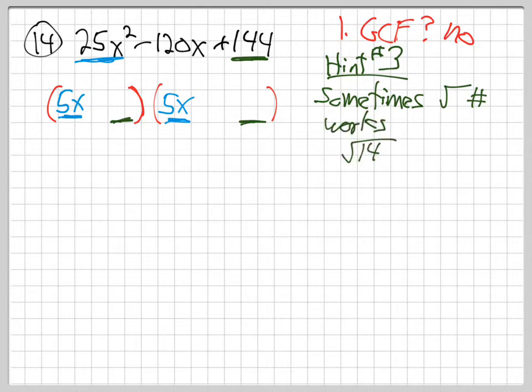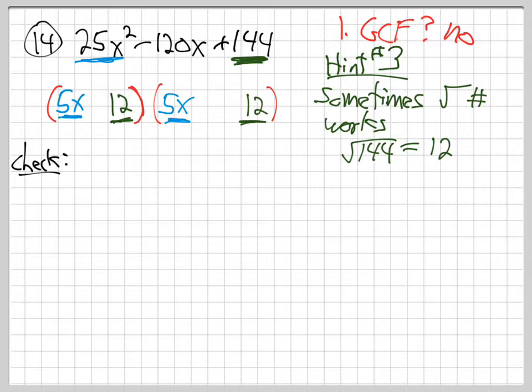So take your calculator, take the square root of 144, and you get 12. And you think, is that going to work? 12 times 12? That does make 144. Sometimes you'll do the square root, and it'll come out some crazy decimal, so it doesn't work. Okay, but anyway, we're not there yet. Notice I haven't put any plus signs or minus signs in. Remember, we do that at the end. What do we do now? We have to check. We have to see if it's right.